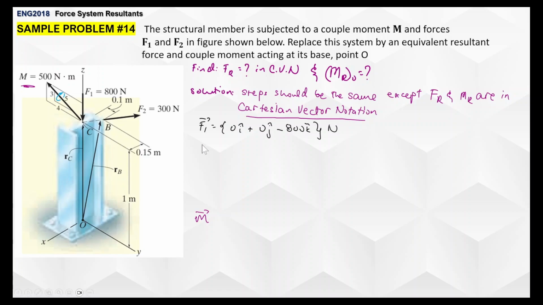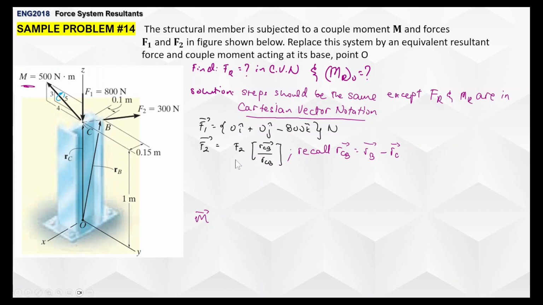Okay? For F2, it's a little bit tricky, but if you still recall, since the direction from point C to B is a unit vector, we can get the unit vector by getting the quotient of the position vector CB over its magnitude, which is represented in this equation. So we have dimensions here, that's 0.15, 0.1, and 1 meter. So all we have to do is determine what is CB. And recall that r_CB is basically r_B minus r_C.